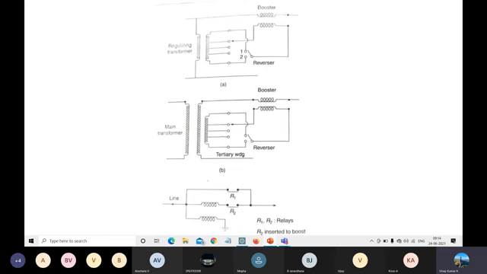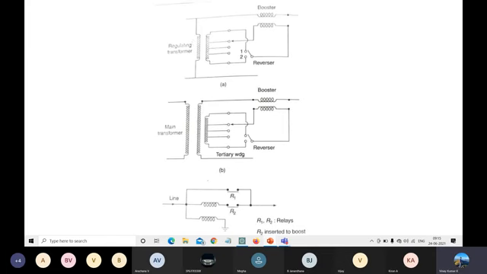So this will depend mainly upon the power associated with the injected voltage. How much voltage you are going to inject through the booster transformer. So that will be decided based upon the power rating of the booster transformer as well as the corresponding transformers, whether it is the regulating transformers or our main transformers.